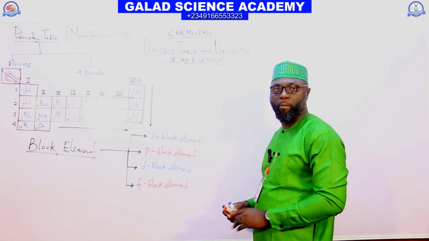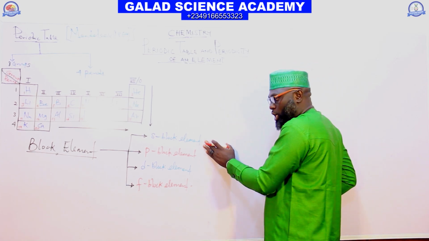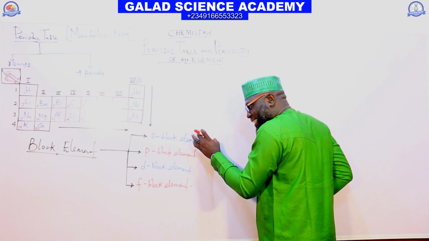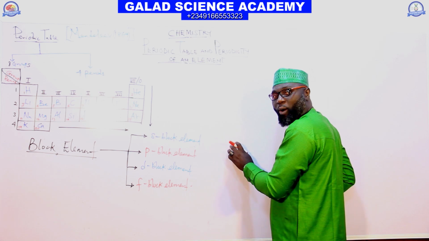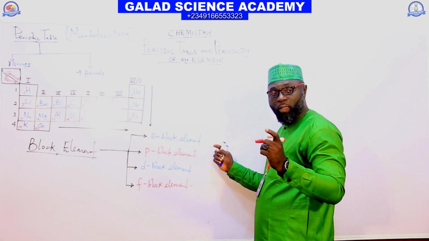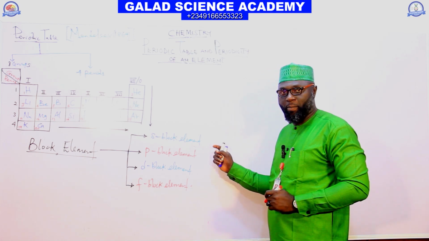Take for instance the S block elements. Their valency electron can be found in the S orbital.